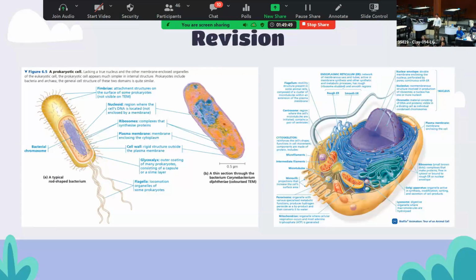Just some revision before we get started. I'm sure you've gone over this already, so I won't go over it too in depth. The main difference between prokaryotes and eukaryotes is that prokaryotes do not have membrane-enclosed organelles, and they have a nucleoid, so they don't have a nuclear envelope. Contrast this with the eukaryotes. You can see they've got mitochondria, Golgi apparatus, endoplasmic reticulum, all that good stuff.